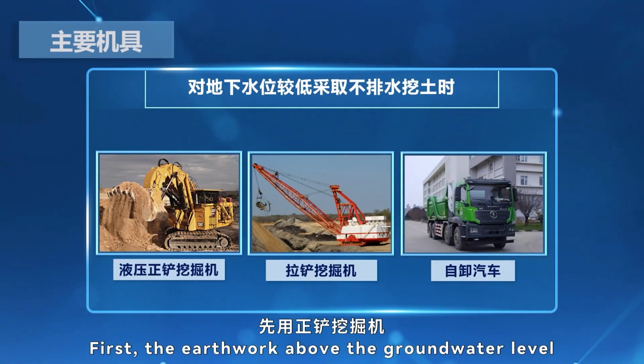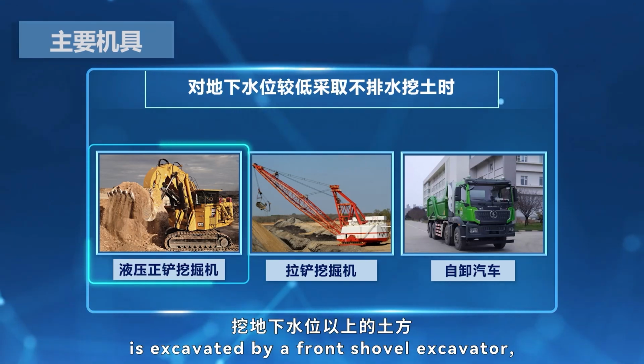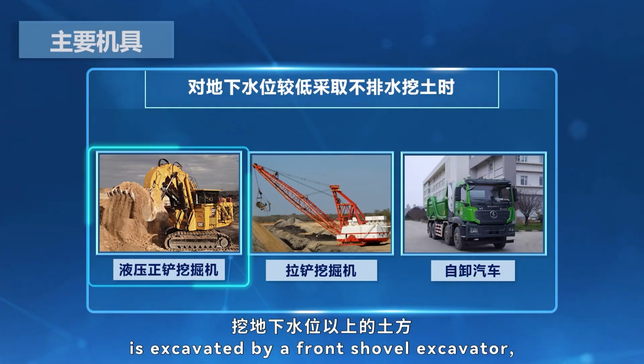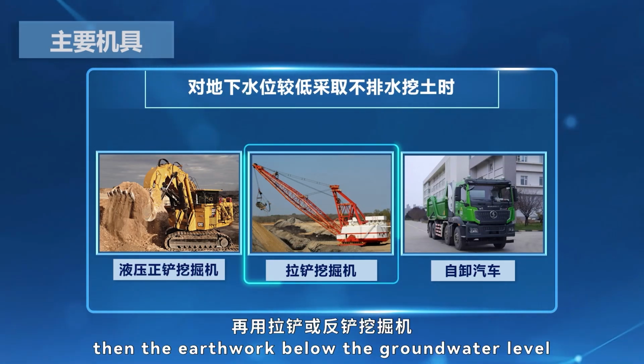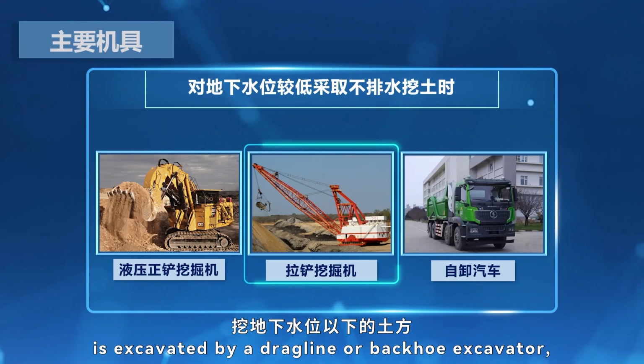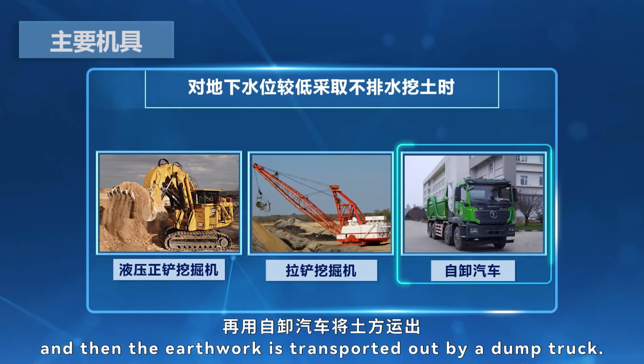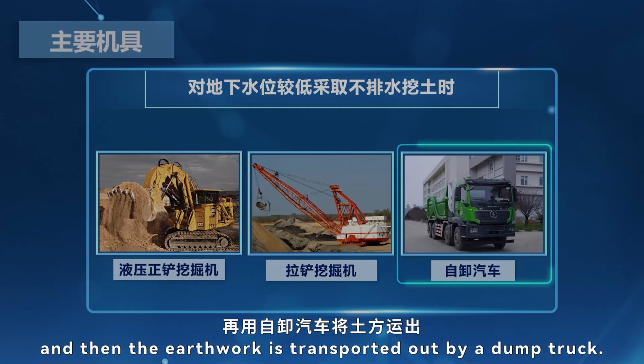First, the earthwork above the groundwater level is excavated by a front shovel excavator. Then, the earthwork below the groundwater level is excavated by a dragline or backhoe excavator, and then the earthwork is transported out by a dump truck.